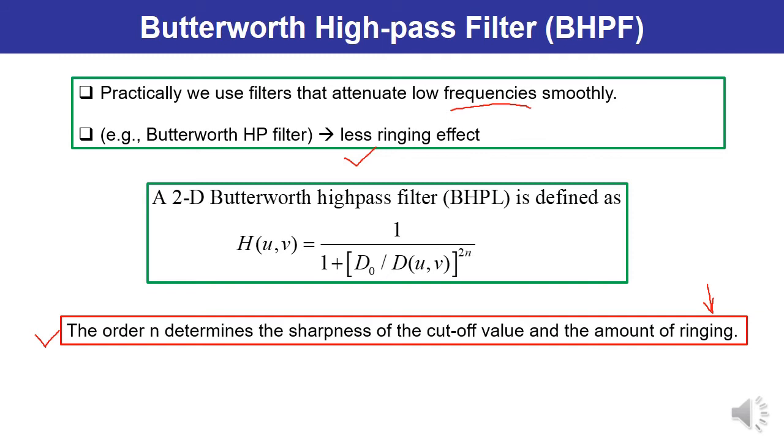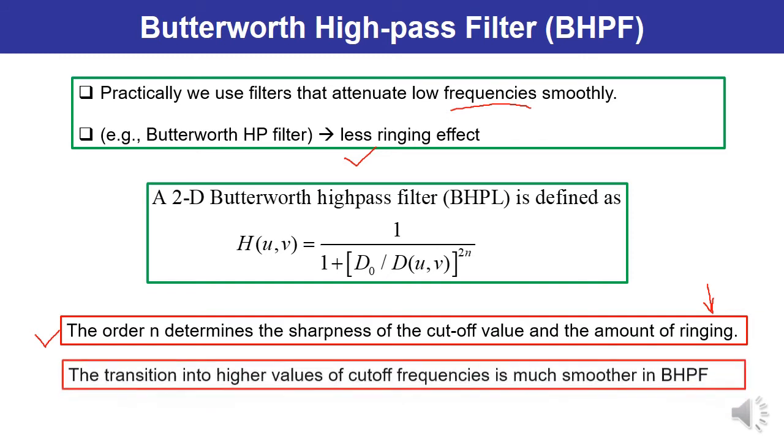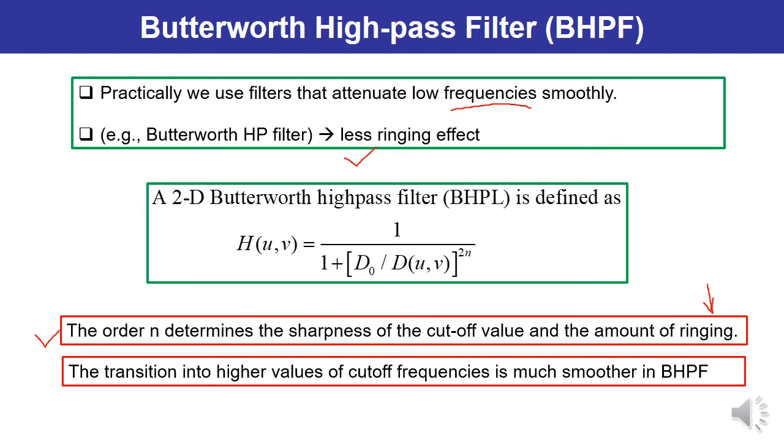The value of n determines the amount of ringing, and D0 is the cutoff value. The transition into higher values of cutoff frequencies is much smoother in the Butterworth high pass filter. Compared with the ideal high pass filter, it gives you a smooth pattern.